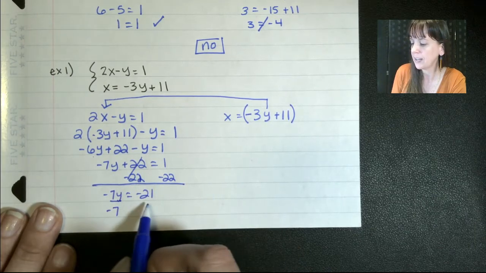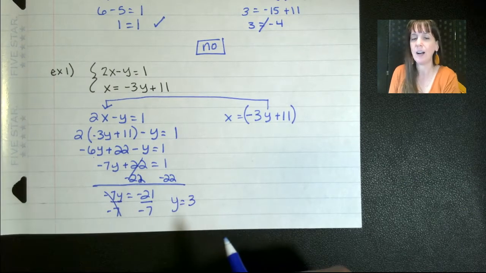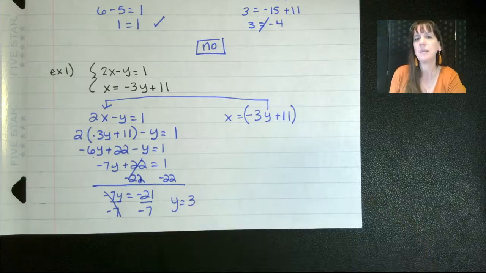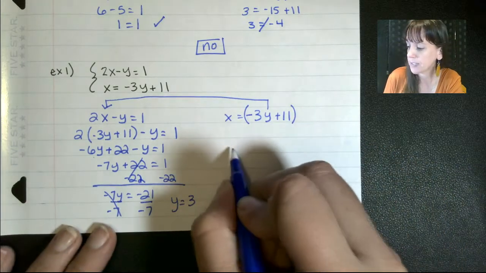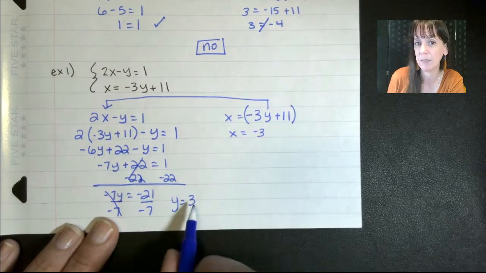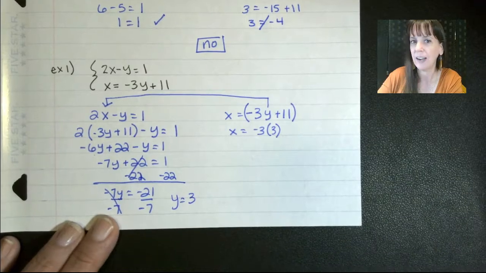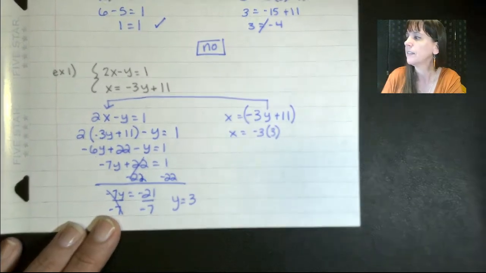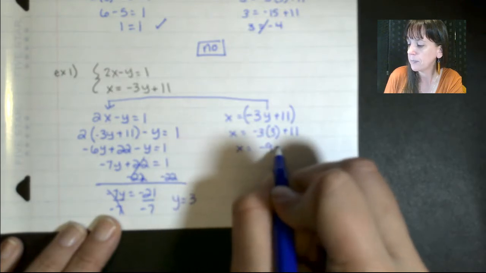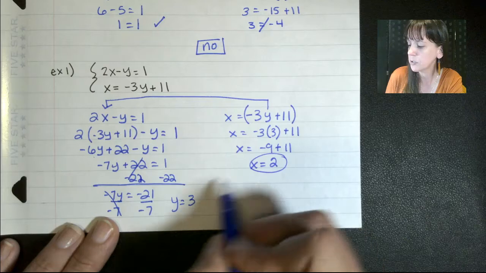Divide both sides by -7, and y equals 3. Awesome, but that's only part of the answer. I already know y equals 3. That means I have to plug it back in over here to find my x. So x equals -3, and instead of y, this time I'm going to put in 3. When I do that, I also have to do plus 11. Sorry, I had to fix my camera there. So x equals -9 plus 11, so x equals 2. So I have x equals 2 and y equals 3.